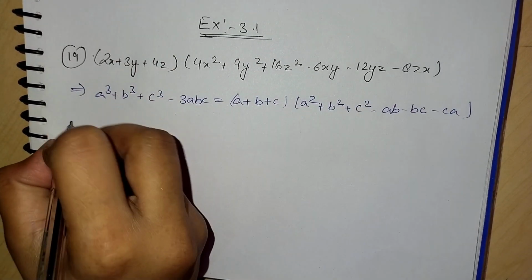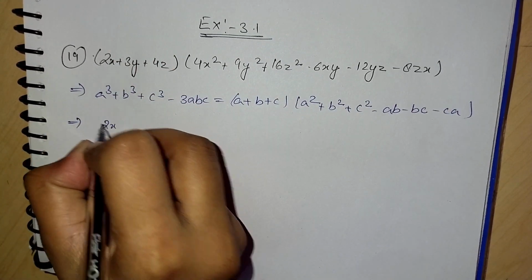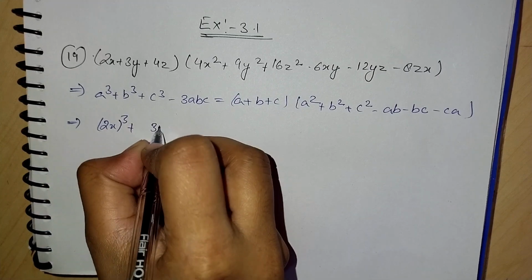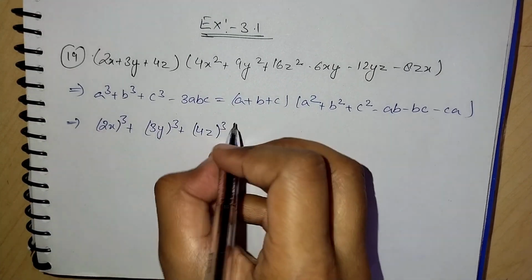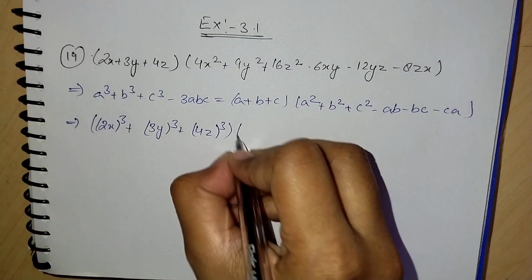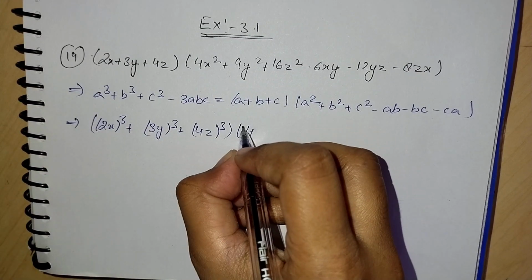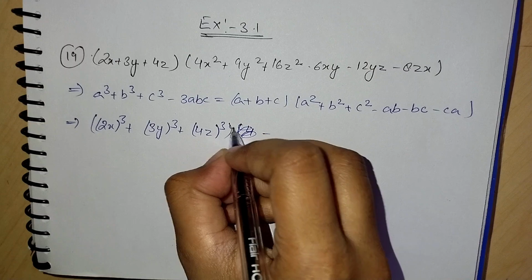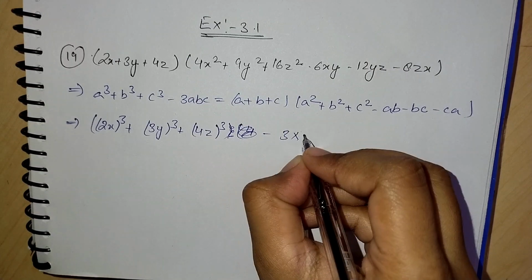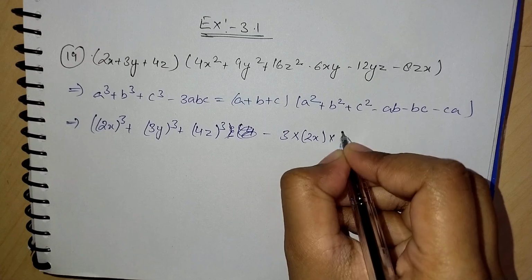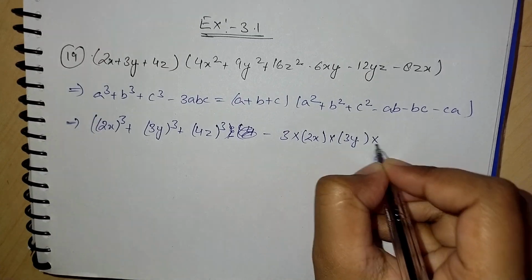Putting it in this form, we will find it as (2x) whole cube plus (3y) whole cube plus (4z) whole cube minus 3abc. So minus 3 into 2x into 3y into 4z.